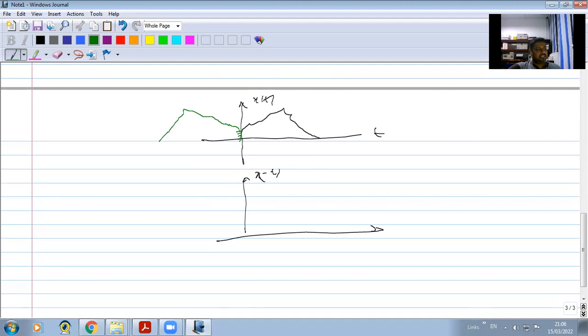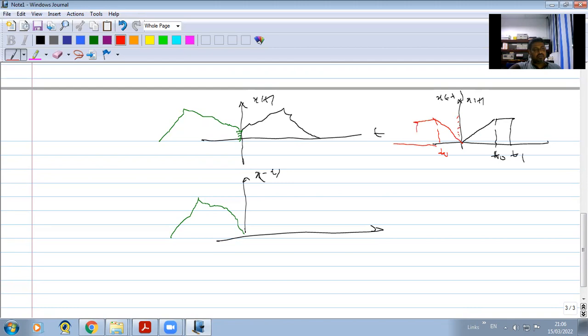So x(-t) looks like this. Now this is t naught. This is x(t), and if you draw x(-t), with the mirror here, it looks like this, up to t naught, then up to t1. So this is the time reversed signal.